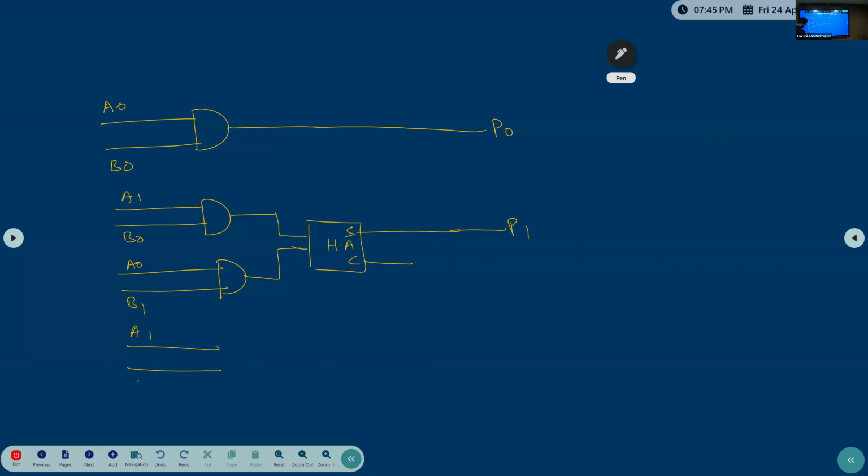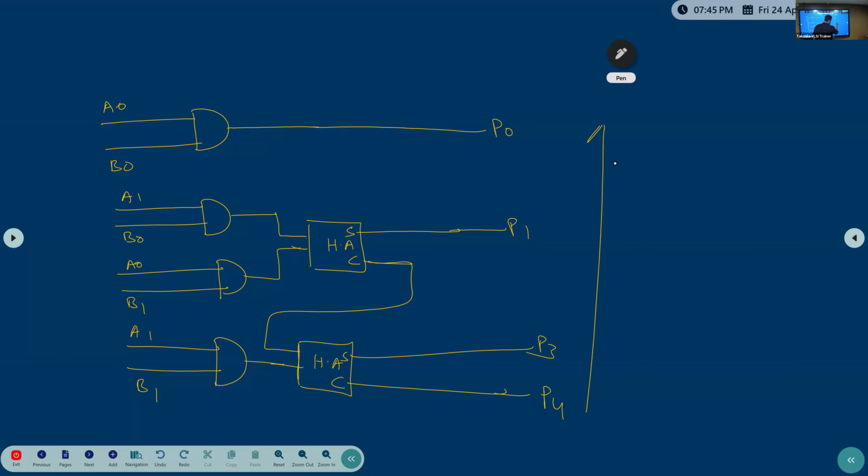So this we will give, and this carry will be given to this. Again the same half adder here, adding both. The sum is P2, then the sum is P3 and the carry is P4 at the end. This is the MSB. This is the LSB. Clear? This is the 2 by 2 multiplier.